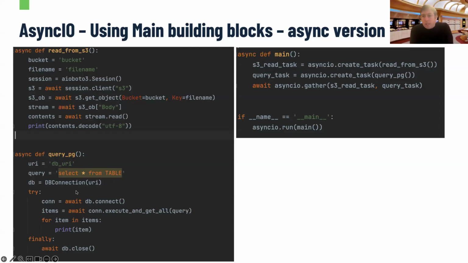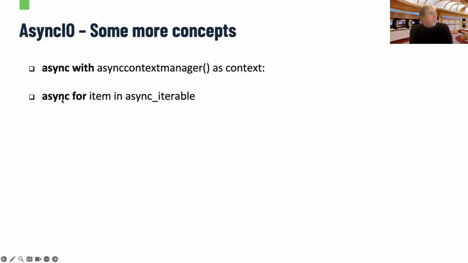When the context manager exits, it closes the connection, so I don't have to use explicit exception handling. Async IO also supports iterators, so you can use a generator-like way of controlling small parts of the code one after the other, using async iterables. These are patterns very well known in Python, and you can also use them in an async context.